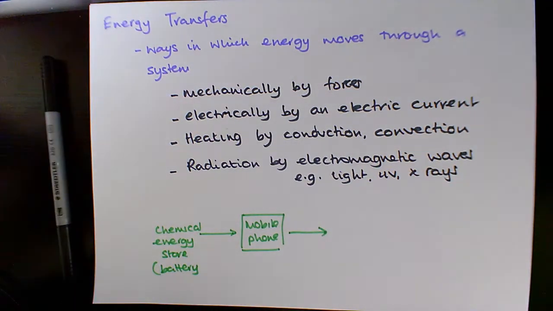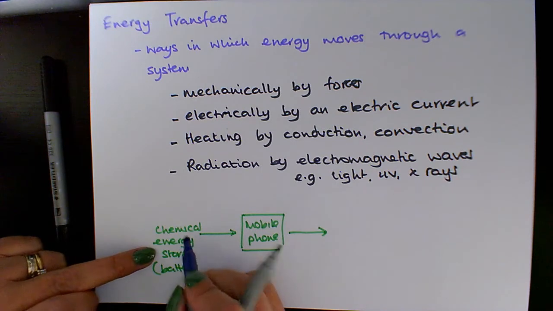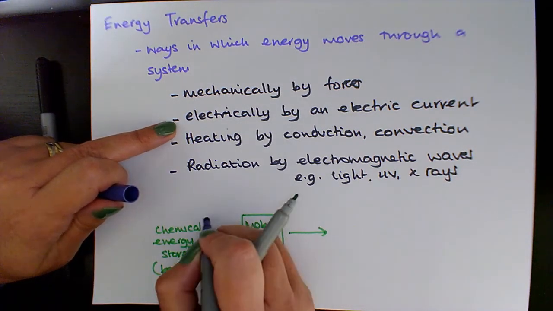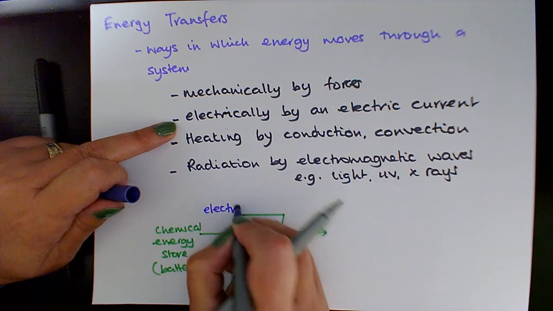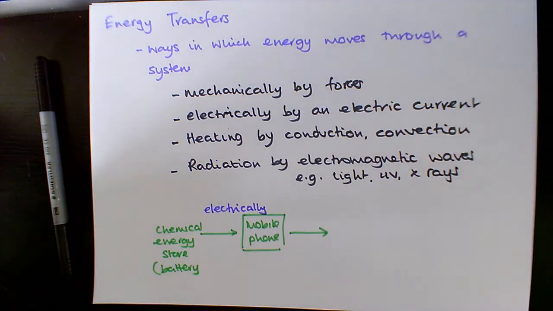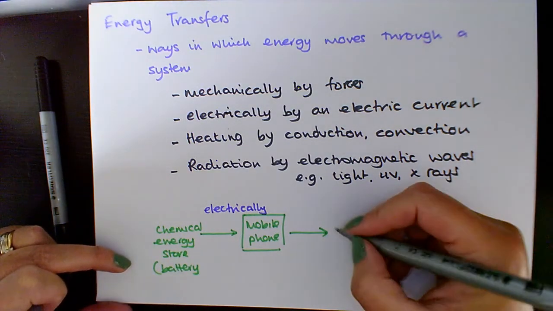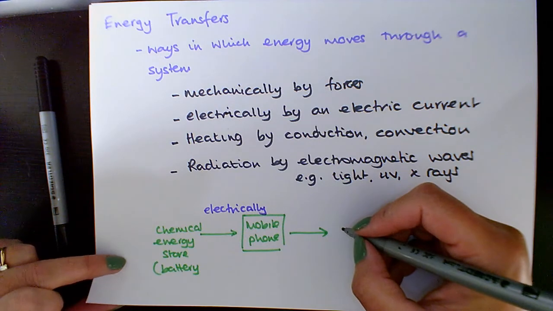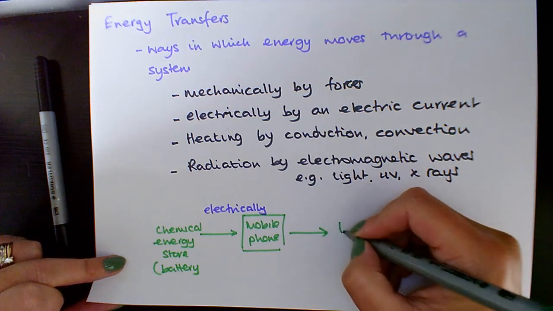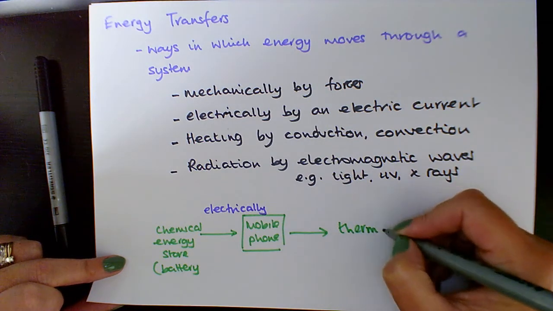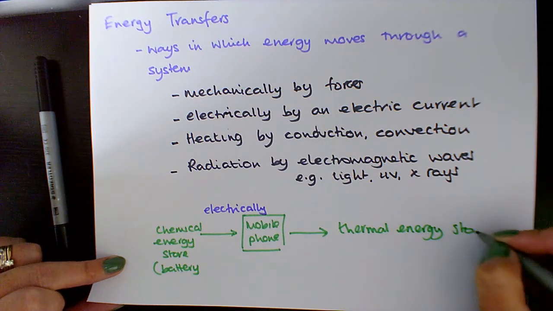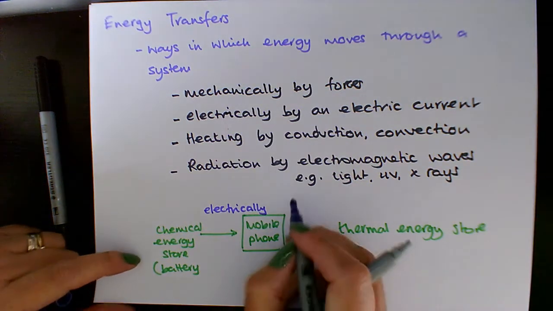Energy is transferred in my phone from its chemical energy store by electricity, so this would be my pathway into my mobile phone, and that would actually enable my phone to do processes. So for example, I might end up with some heat from my phone, so the battery gets warm, so I've got a thermal energy store. The pathway there is going to be heating.